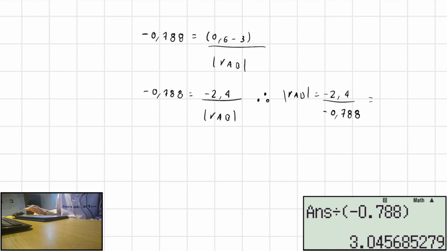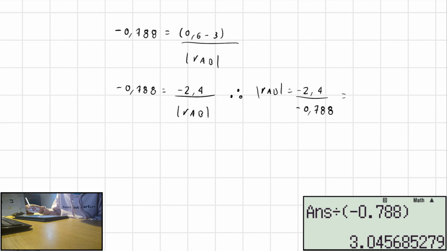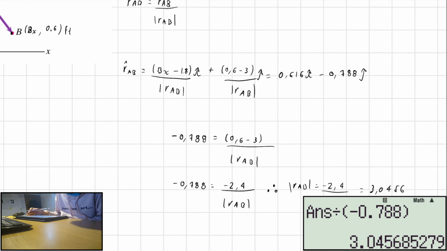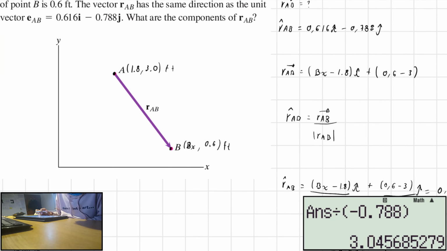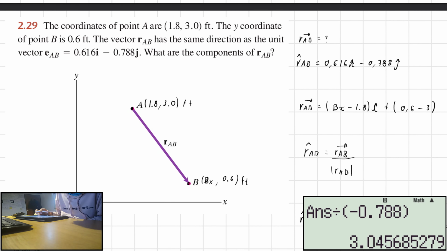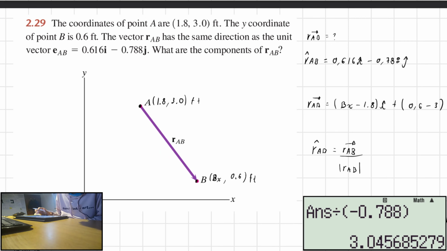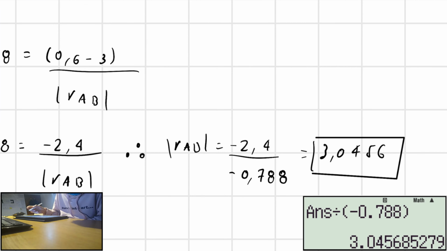And right here I have that the magnitude of RAB is equal to 3.0456. All right, I have the magnitude. I assume that this is in feet, because we are talking about feet.